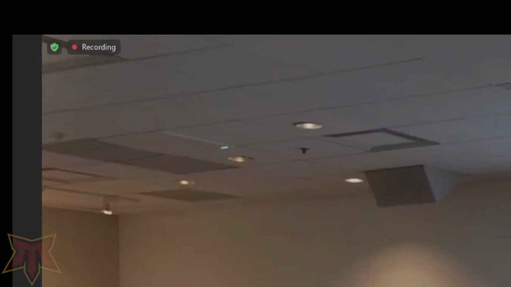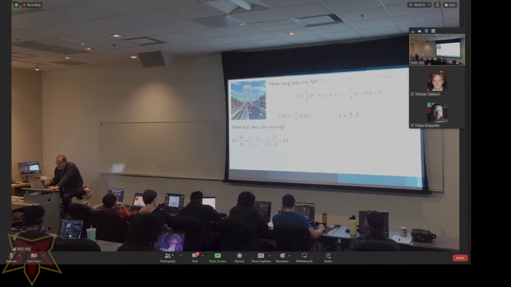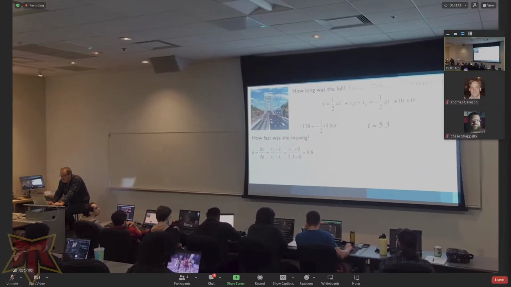Okay. Now how fast was she moving when she makes contact with the web? Okay. So we know that she's accelerating at 9.8 meters per second squared. So when we replace the acceleration with 9.8, then we can solve for v2.